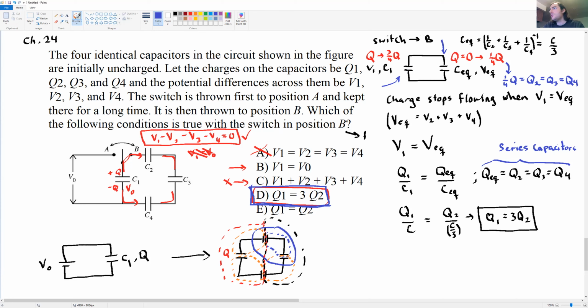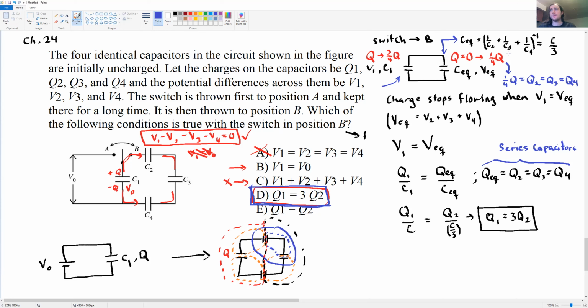And CEQ, just using our standard capacitor rules, is the inverse of 1 over C2 plus 1 over C3 plus 1 over C4. That's going to come out to C over 3. Remember, we have 4 identical capacitors in this question, so each one has a capacitance C. So we'll label that CEQ, and we'll say it has a voltage on its plates VEQ.